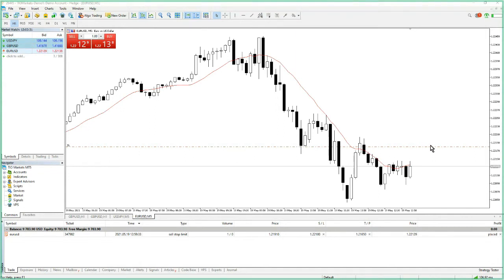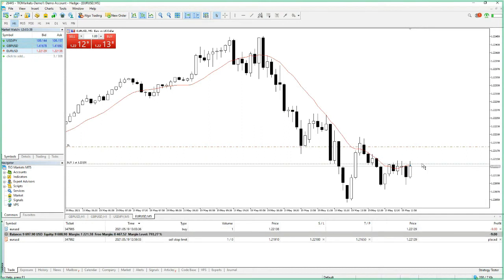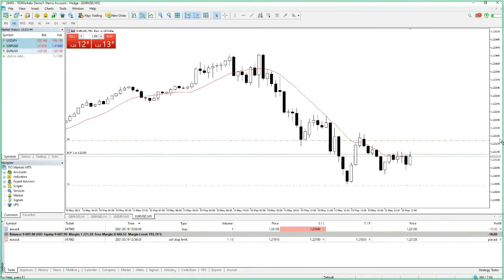Then obviously you have the option of just buying the market, then dragging down, and you have your stop in place. Now you have some exposure in the market, and your risk is about $100, which is about 1% on a 10K account, very decent.